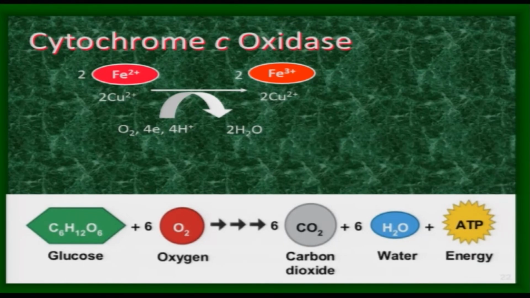And as you can see, 2 iron 2 heme center and 2 copper 1 center convert to 2 iron 3 heme and 2 copper 2 plus, and the dioxygen, 4 protons, 4 electrons convert to water, and this releases lots of energy. This is the terminal step of this oxidation process.